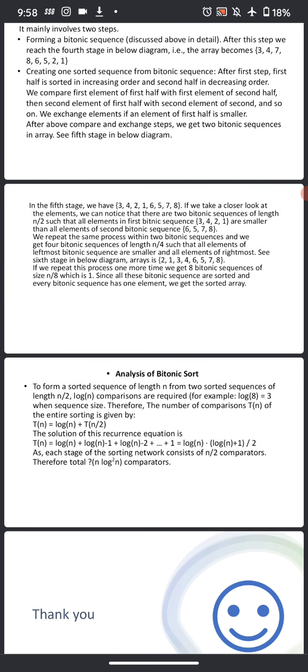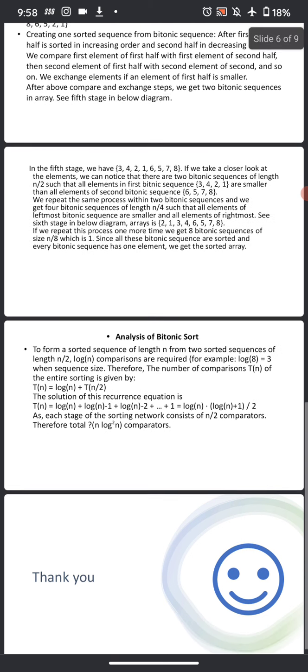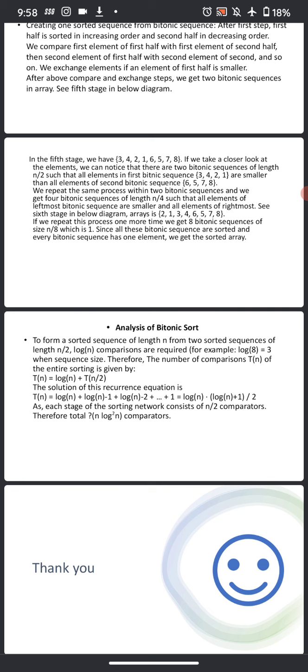Analysis of bitonic sort. To form a sorted sequence of length n from two sorted sequences of length n by 2, log n comparisons are required. For example, log 8 equals 3 when the sequence size is 8. Therefore, the number of comparisons T(n) of the entire sorting is given by T(n) equals log n plus T(n by 2).